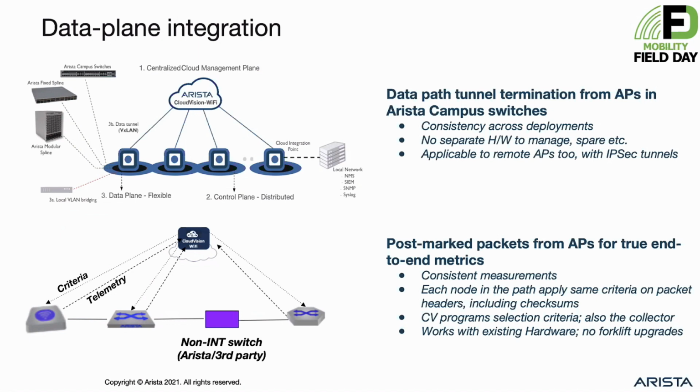So you're getting not only the telemetry and data counters and all the other information, you're actually getting full runtime information of how the packet went through the network, what kind of congestion it experienced when it came to what interface of a switch when it went out, and additional details in terms of the runtime capability of the network. So those are sort of the key elements of the wired wireless integration that we have done.